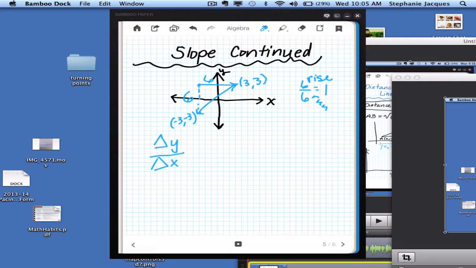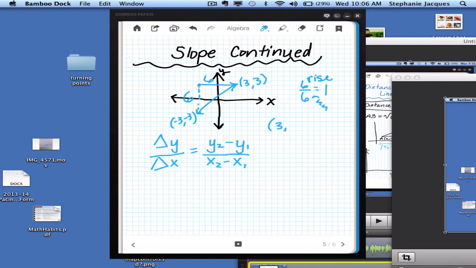That's just the difference of the y's, so y2 minus y1, the second set of y's and the first set of y's, over x2 minus x1.